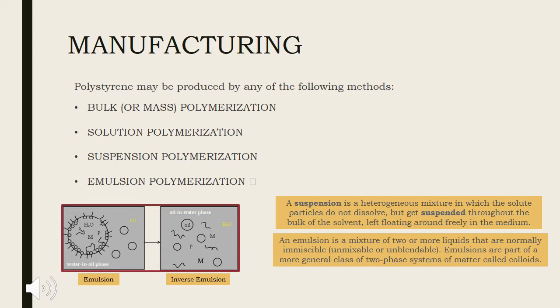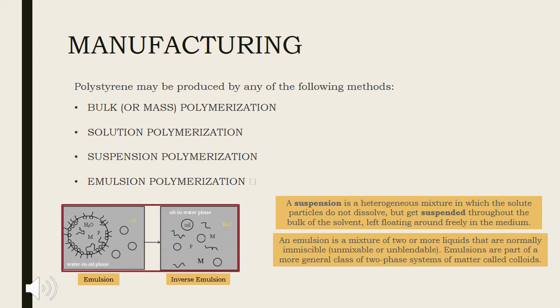In this process, monomer is heated and polymerized. In solution or modified bulk polymerization, as the name shows, a solution is prepared. The monomer is dissolved in a small amount of solvent such as ethylbenzene to carry out the polymerization process.